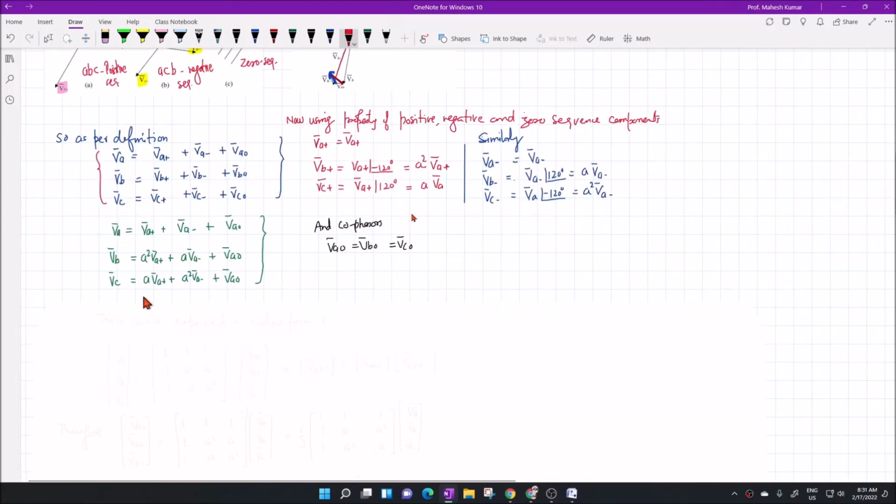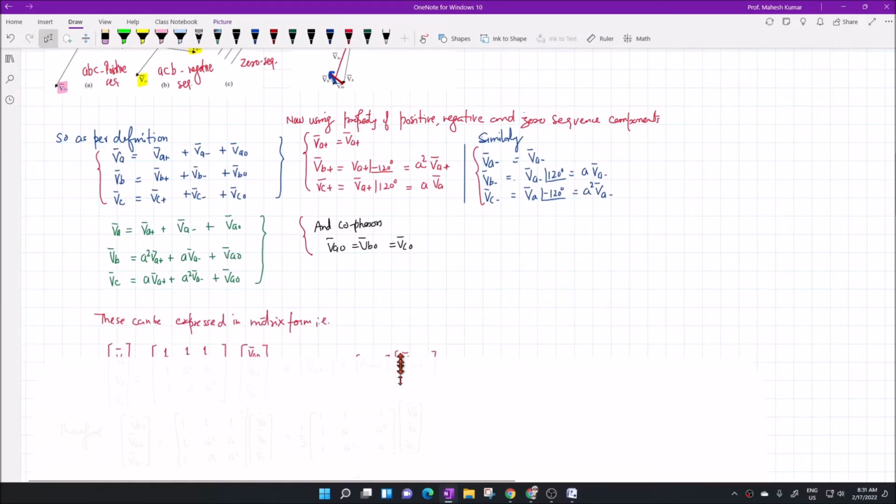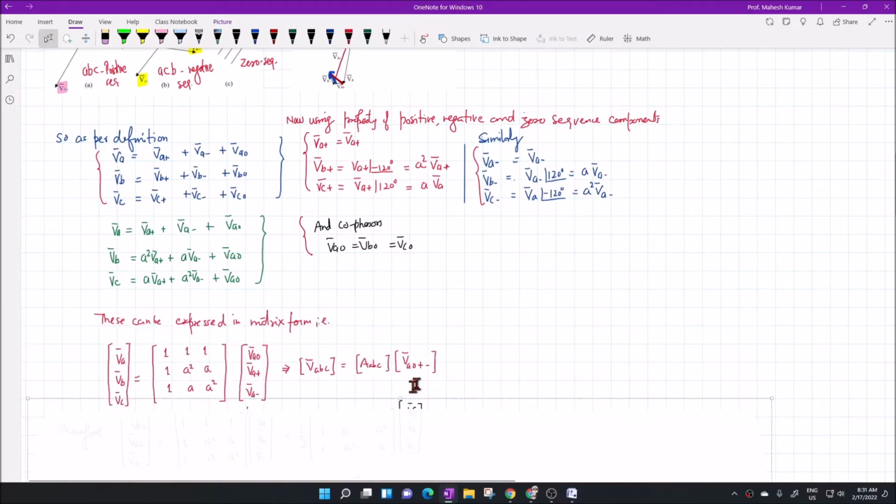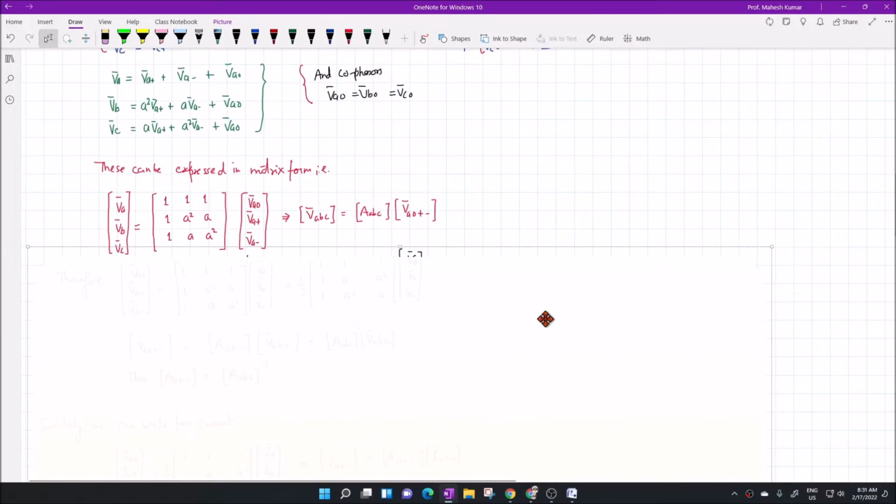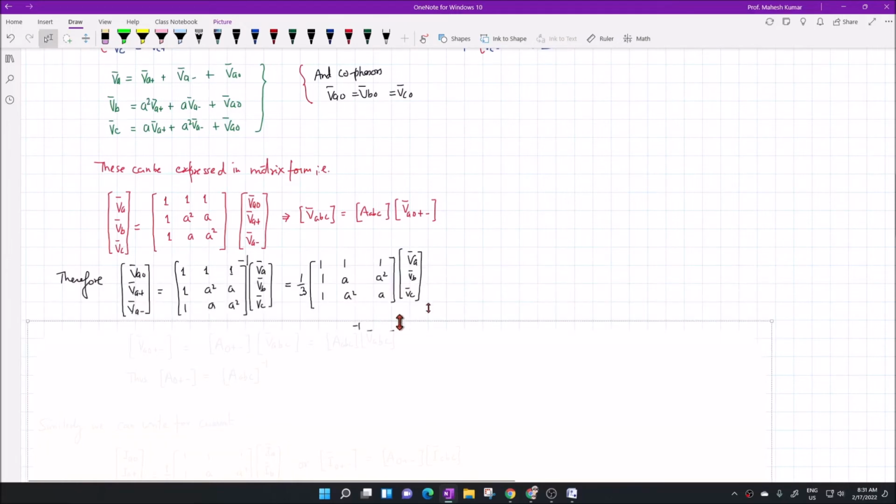And from the phasors, we can connect the positive sequence components among the phases, negative sequence among phases, and zero sequence, and based on that we formulate a matrix relationship between these parameters. Therefore, we can write first VABC in terms of the sequence components, as you can see from this equation.